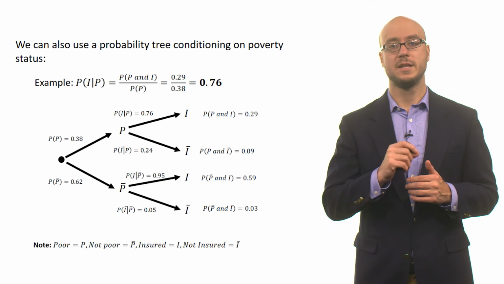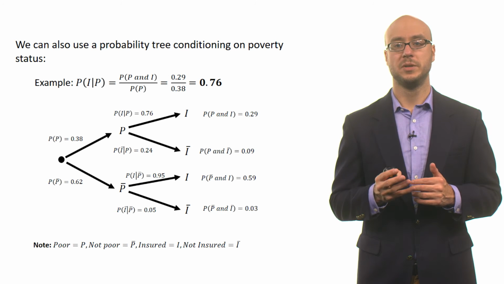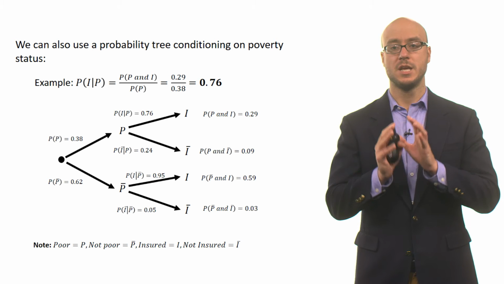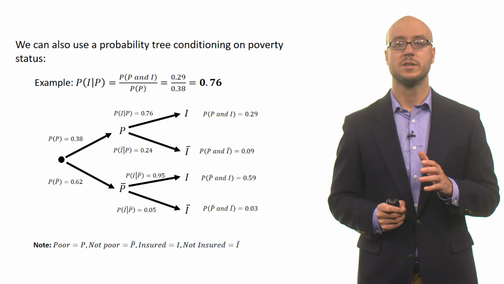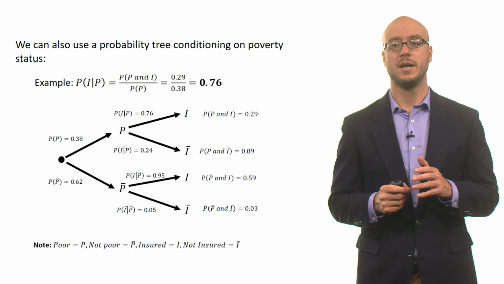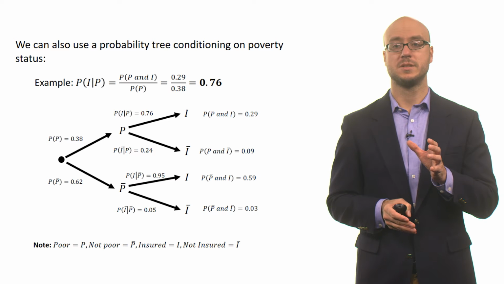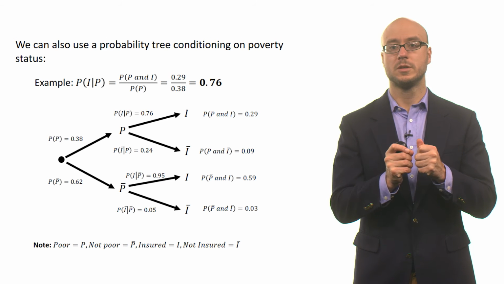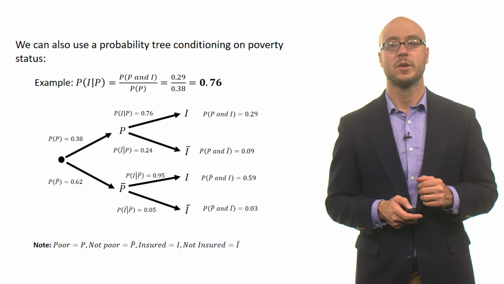When we multiply each of those branches across, we get these 4 joint probabilities, the joint probabilities given in the cells. At the ends of those branches, we have 0.29, 0.09, 0.59, 0.03. That all equals 1 because those probabilities sum to 1, and they are equal to the joint probabilities from the probability table we saw earlier.